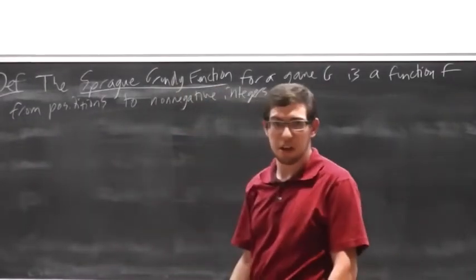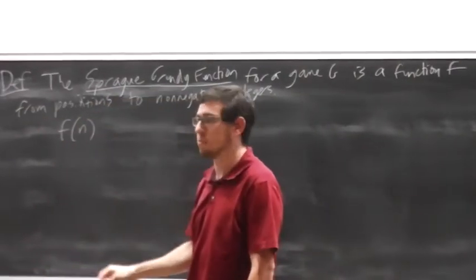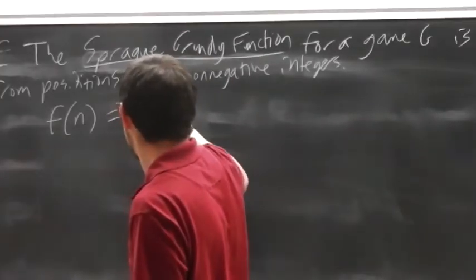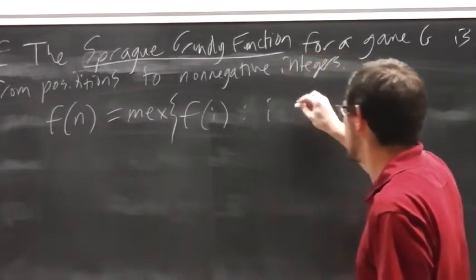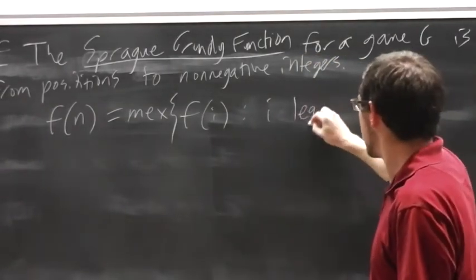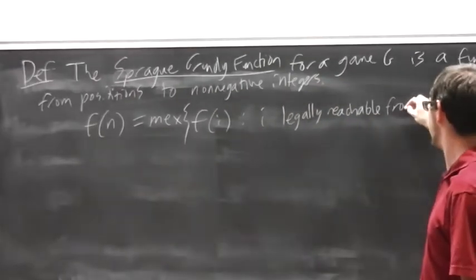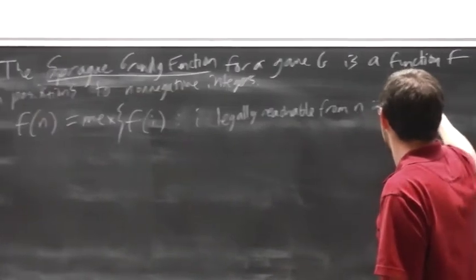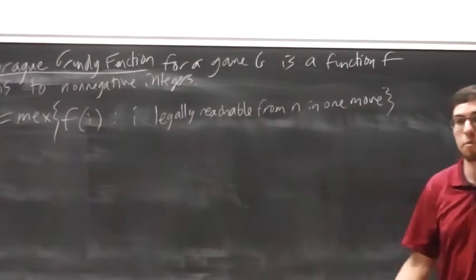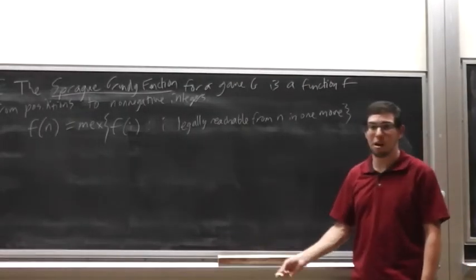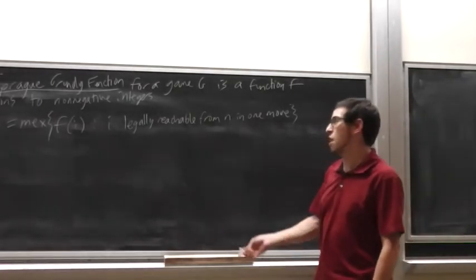And it's defined recursively. f of n, where n is the index of some position, equals the mex of f of i, where i is legally reachable from n in one move. So the Sprague-Grundy function has a number of important properties, but the most important property is that it equals 0 if and only if the position is a P position, which is why we're interested in this function.